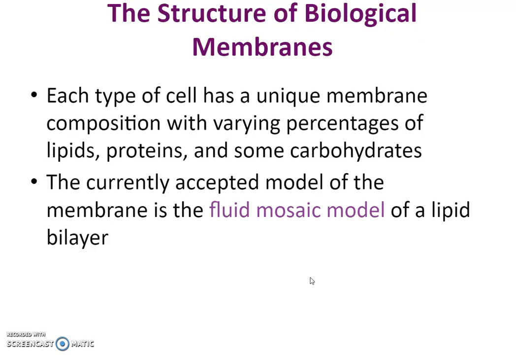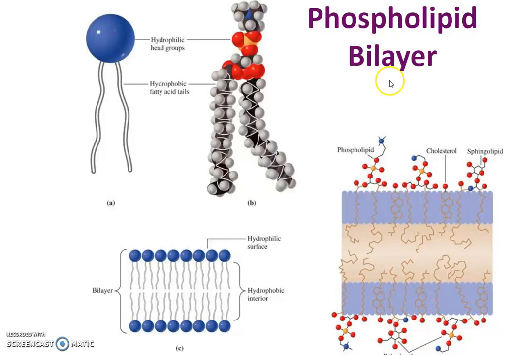So, basic structure of biological membranes. We've already talked a little bit about phospholipids and you learned about it in biology, but each type of cell has a unique membrane composition with varying percentages of lipids, proteins, and some carbs. And we use the fluid mosaic model where it's not a solid structure. It is more fluid. It can be reactionary to things as it gets squished. That lipid bilayer can move around, and it's made of phospholipids.